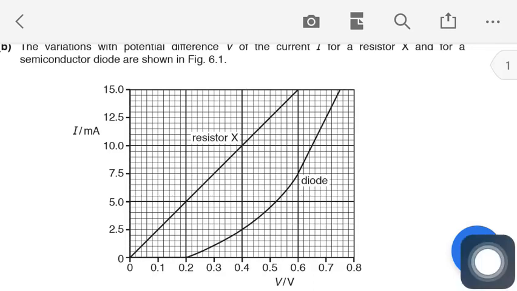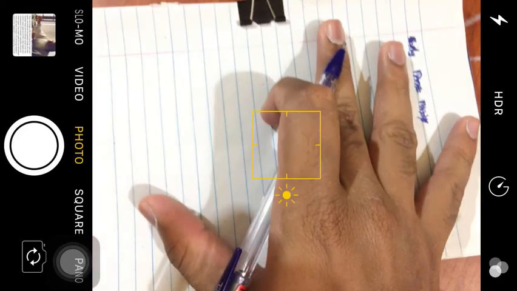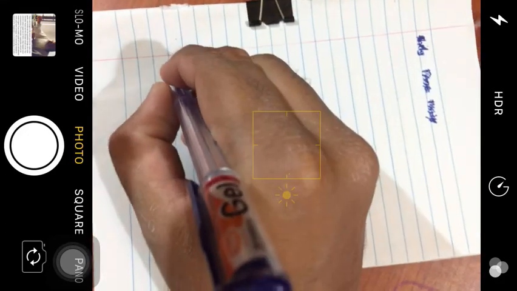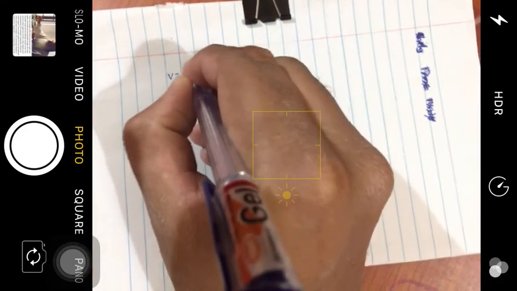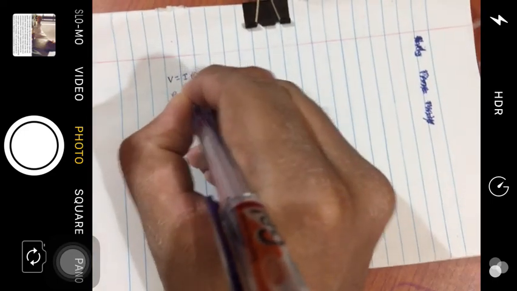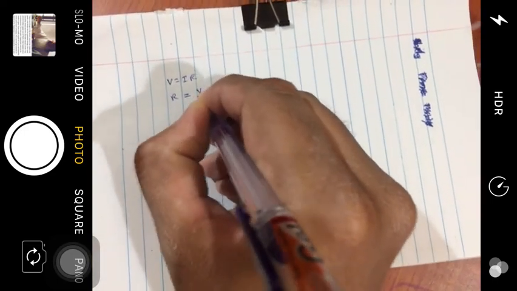Why? We have learned it many times. So V is equal to IR. So from this, R is equal to V over I.